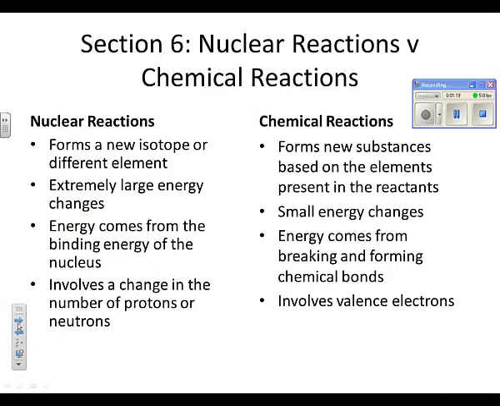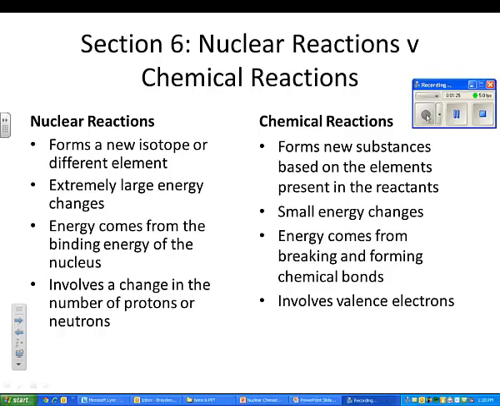Nuclear versus chemical reactions. It's imperative that you understand the difference between a nuclear and a chemical reaction. Nuclear reactions form a new isotope or form a different element. Chemical reactions form a new substance based on the elements in the reaction.